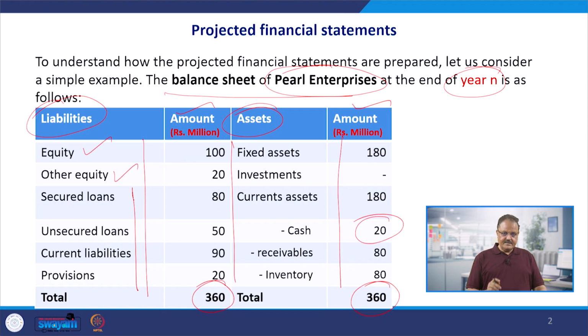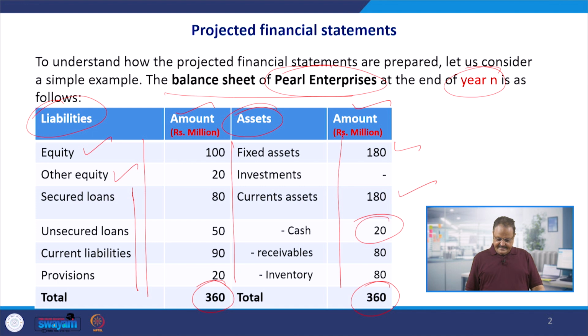All these funds, 360 million Indian rupees, are generated from different sources in the year N, the current year, and have been applied to raise different kinds of assets, where we have fixed assets to the tune of 180 million. Investments are not made because we need the funds within the business only, and an equal amount of current assets has been created.